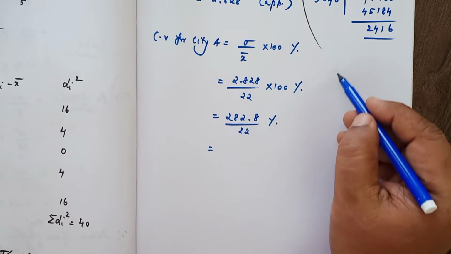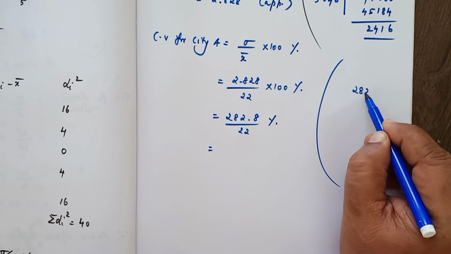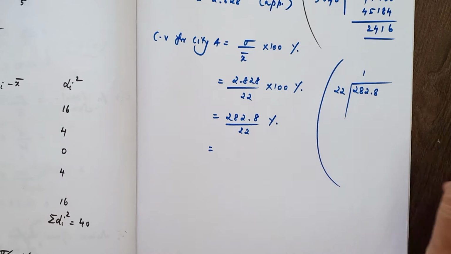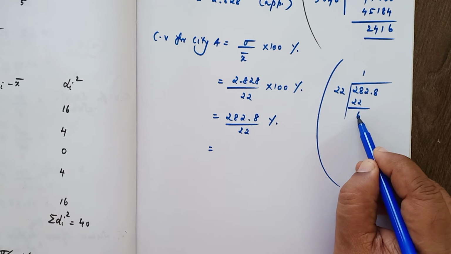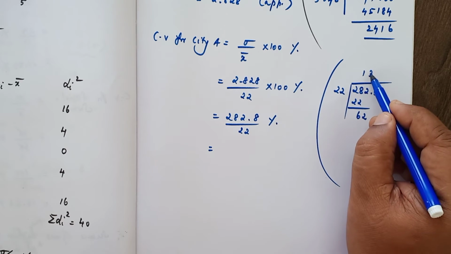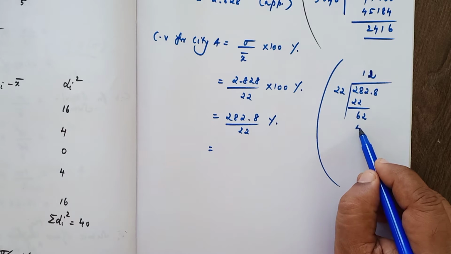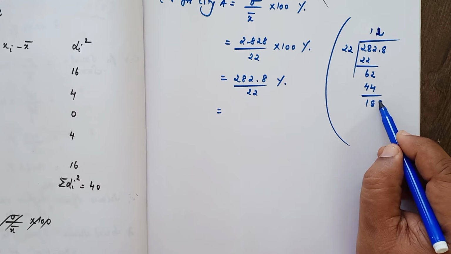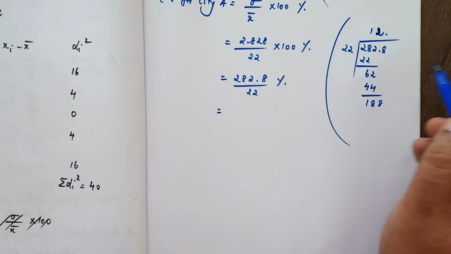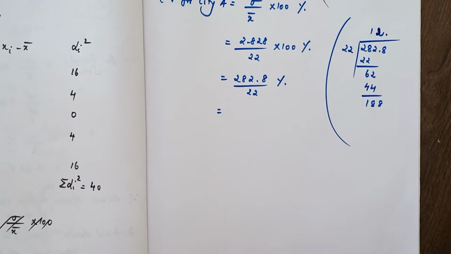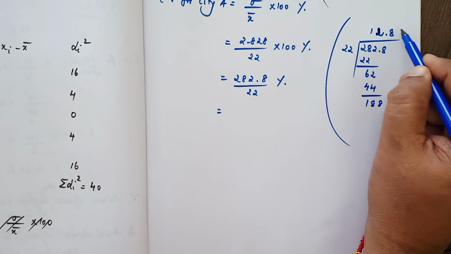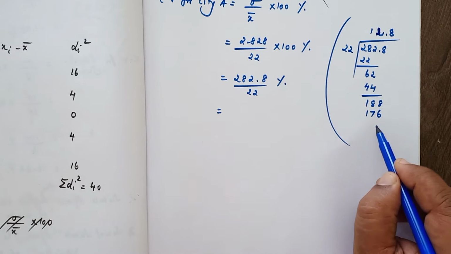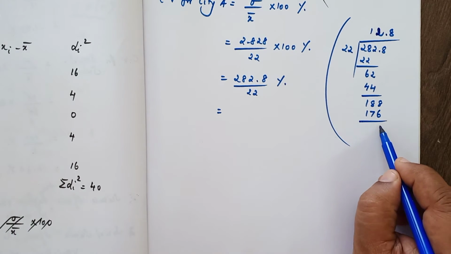We can divide here: 282.8 divided by 22. 1 time 22 is 22, balance 6. Then 2 times, 2 into 22 is 44, so balance 18, then bring down that 8. Keep the decimal point over here. Approximately 8 times: 8 2s are 16, plus 1 is 17. Subtract, 1. Enough?